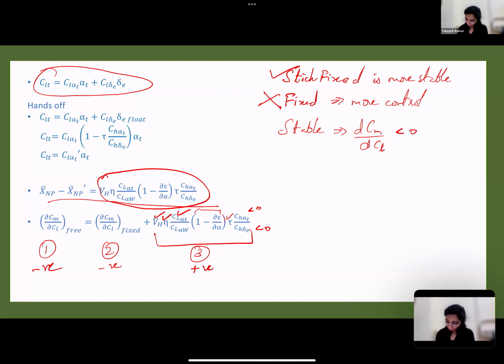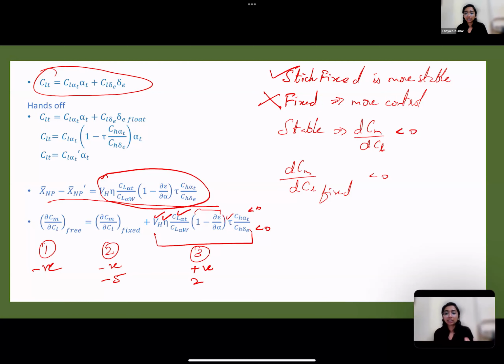So your stick fixed case, DCM by DCL fixed is negative. And you're adding some positive term to it. So it's becoming less negative, right? Suppose this was -5 and this is 2. It becomes -3.